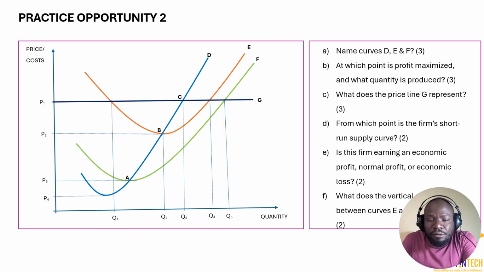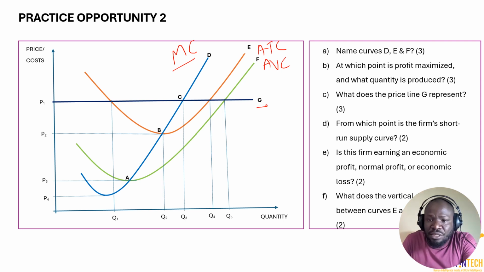The second part, first, what are the names of the curves D, E, F? D, marginal cost. E, average total cost. F, average variable cost. Okay, so that's fine. At which point is profit maximized? Profit is maximized at the point at which the marginal cost is equal to the marginal revenue. So this is the marginal cost. This is the marginal revenue.